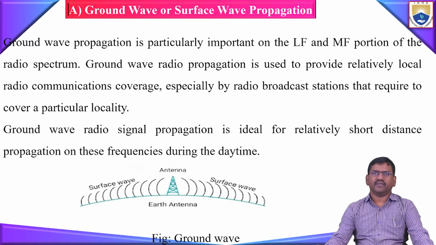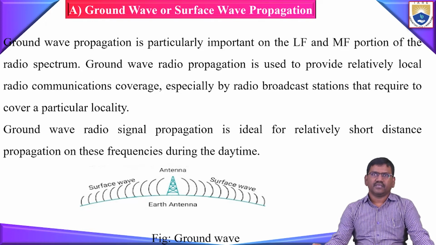Some waves travel at a distance of about 10 kilometers above the surface of the earth. Some waves reflect from the ground and travel towards the destination point, that is the receiving antenna. Like this, different waves travel in the atmosphere at different heights, and finally they reach the receiving antenna.